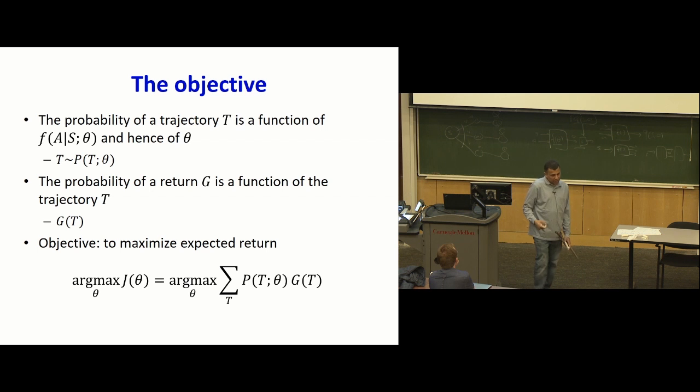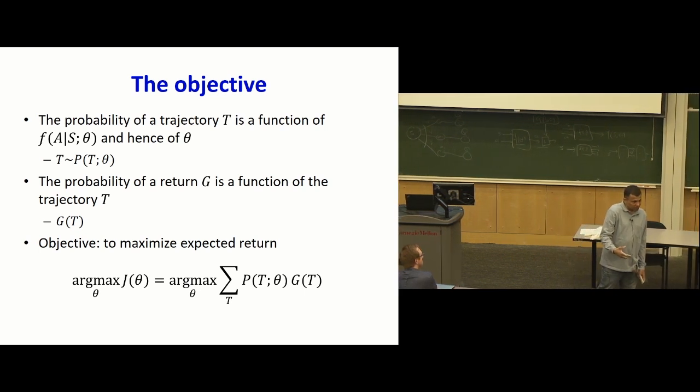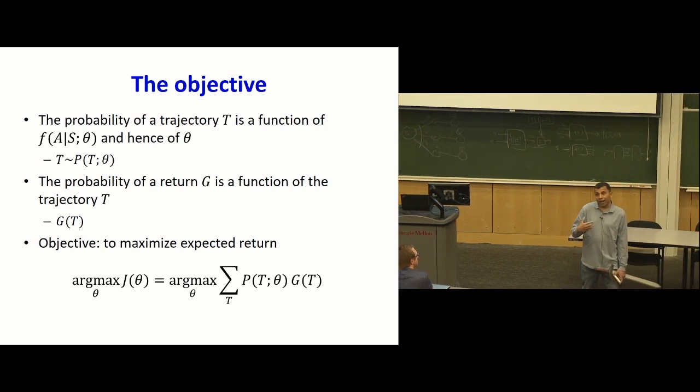At each state, you're going to choose an action according to your function f. But the environment is going to change as a result of your action. And the manner in which the environment changed was also a function of f, a function of theta, because the action that caused it to change was a function of theta. So the entire trajectory is now a function of the parameter theta.